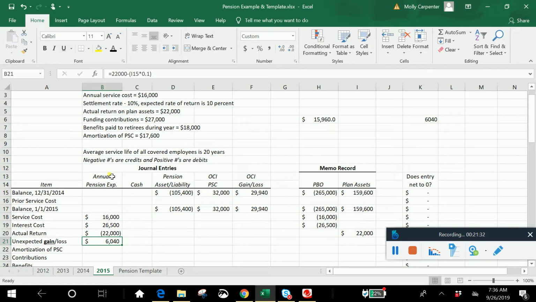But we don't want to show that $22,000 as a reduction to pension expense. We only wanted to show the $15,960. The offset to that is going to go into OCI.